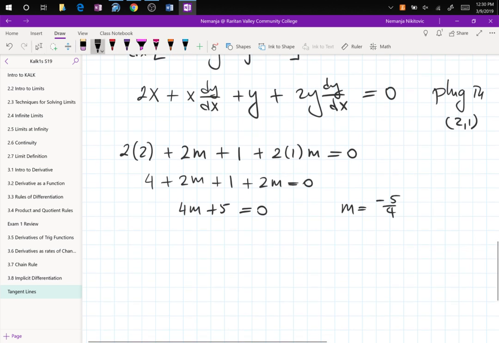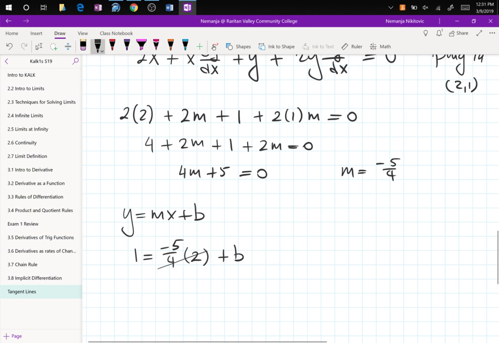So now, y equals mx plus b. Y is 1. M is negative 5 quarters. X is 2 plus b. These two cancel. So 1 is equal to negative 5 halves plus b.